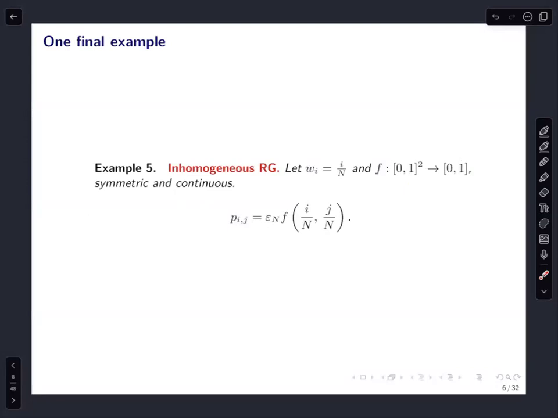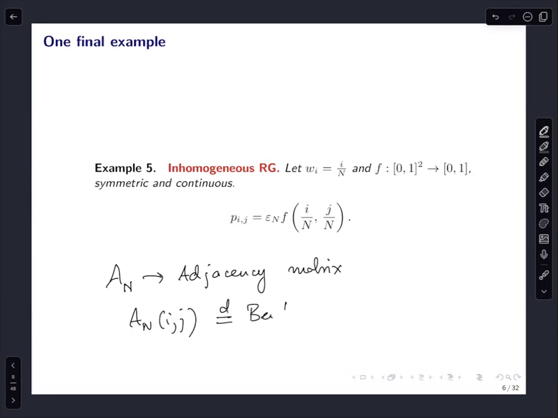Okay, so there are multiple more examples I can keep talking about, but what do I want to do with these graphs? What I want to do is look into the spectrum. If I take this graph, I have a matrix, let's call it the adjacency matrix, and A_n(i,j) is distributed as a Bernoulli(p_ij).